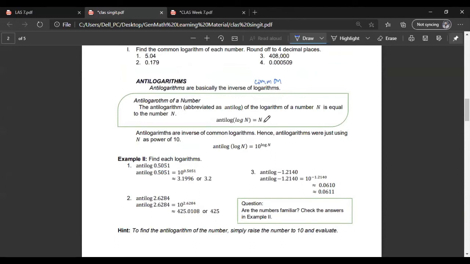Ibig sabihin, kapag may ni-logarithm tayo na number, tapos in-antilog natin siya, babalik siya sa number. Hence, anti-logarithms, we're just using n as the power of 10. Ibig sabihin, class, kapag nag-antilog tayo, ang gagawin lang natin is to raise the number with 10.